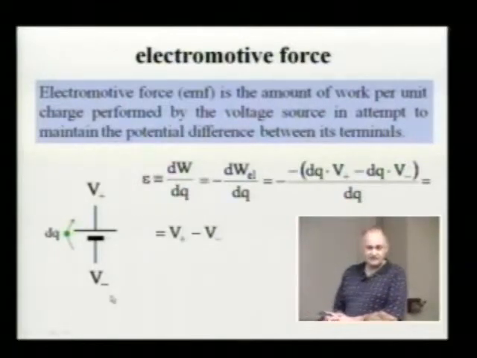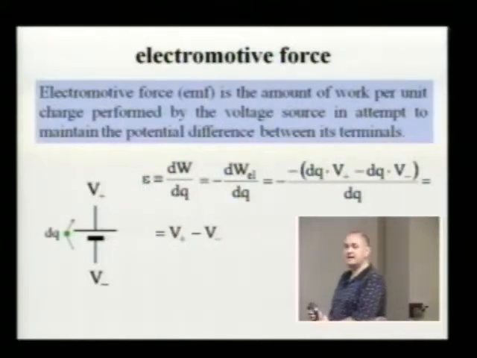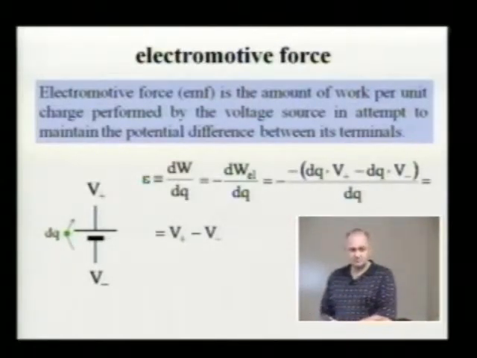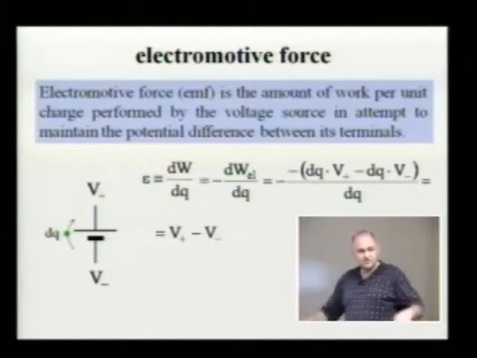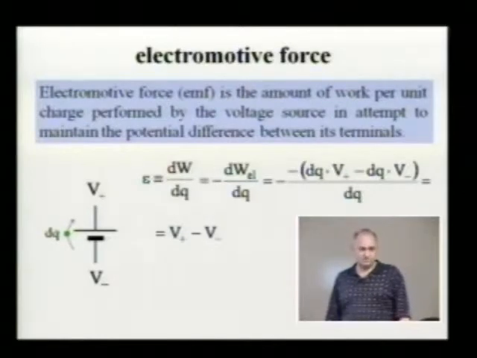If the current doesn't flow, then the potential difference is equal to the electromotive force. This 1.5 volts on an AA battery is the electromotive force of the battery. It is not the potential difference between the terminals of the battery or voltage across the battery. It is indeed the voltage across the battery when the battery is not used.